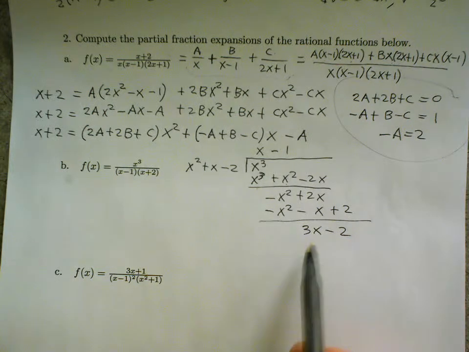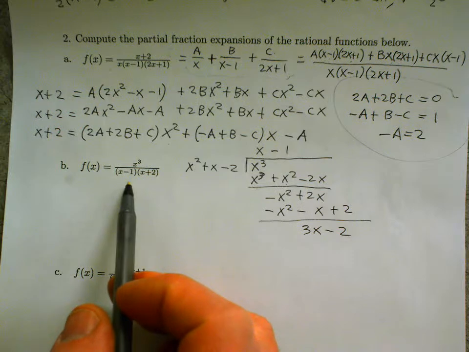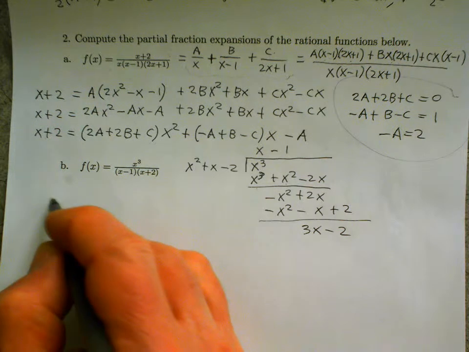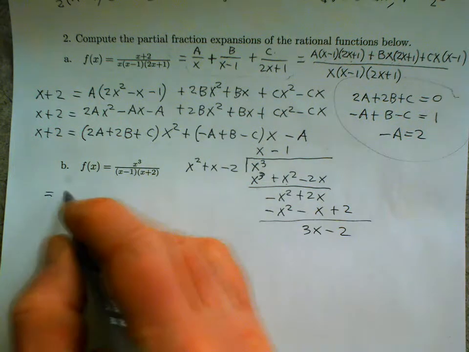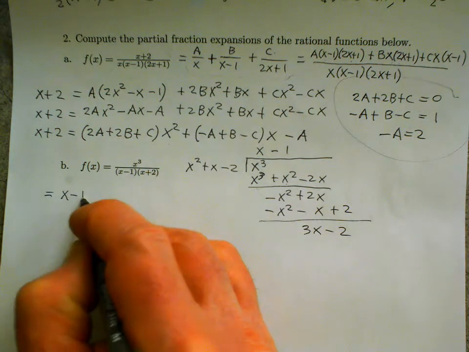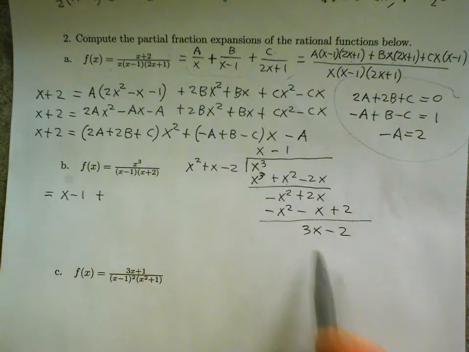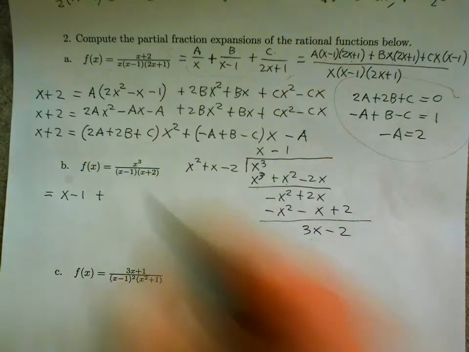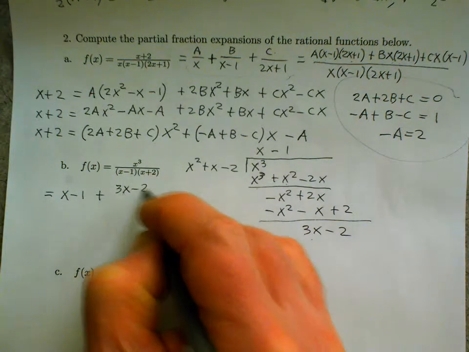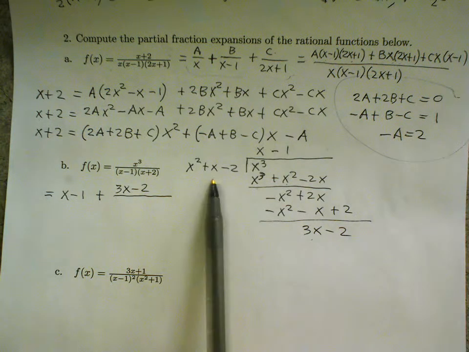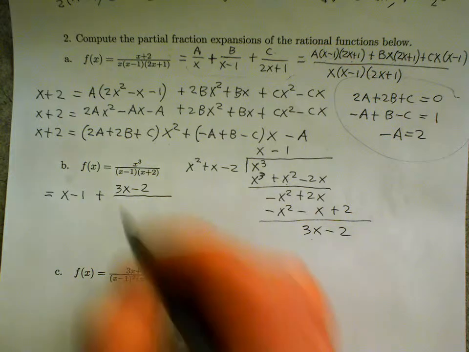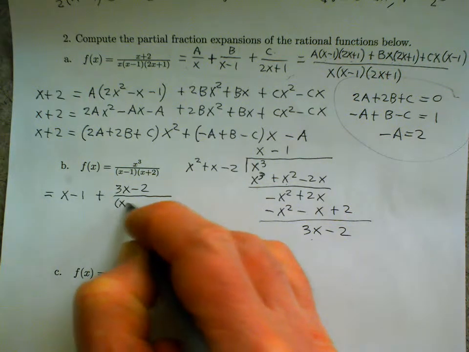Okay, so what that leaves us with is the quotient x minus 1 plus the remainder 3x minus 2 divided by the divisor x squared plus x minus 2. But I'll write that in factored form, x minus 1 times x plus 2.